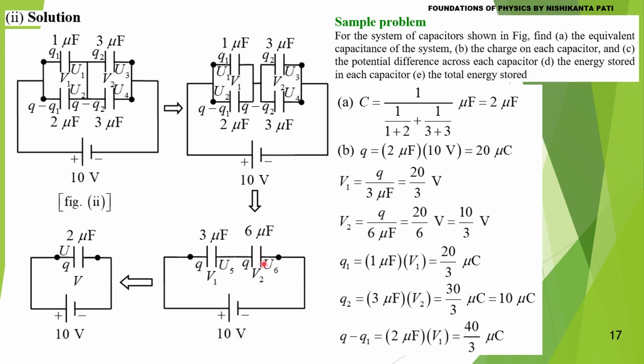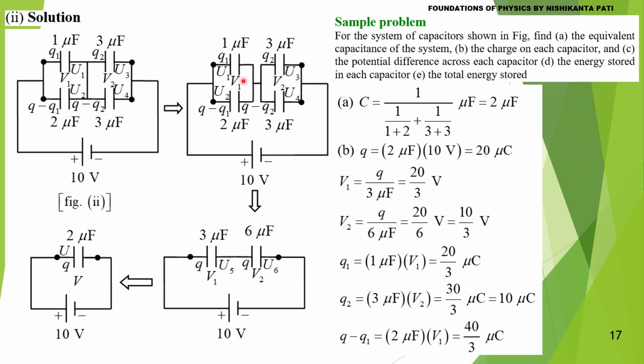So these two capacitors are equivalent to a single capacitor. The capacitance is 2 microfarad. Charge is Q. So Q is CV. Then V1 is Q by C1. V2 is Q by C2.